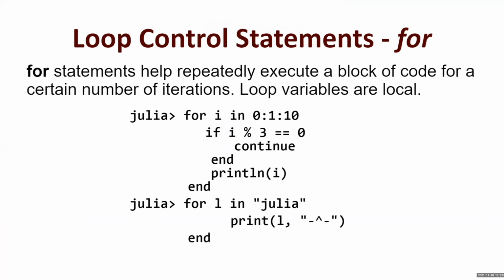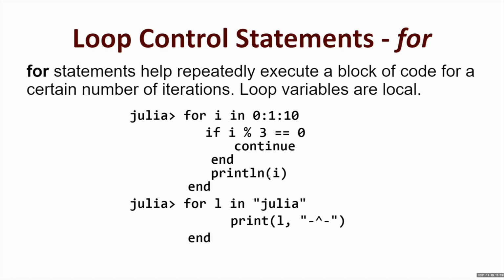For l in Julia, this Julia is just a whole string. It's just like an array, the list of these characters. For every character in this Julia string, you print it out. And then you link them together with this symbol. And you can try this out as well.